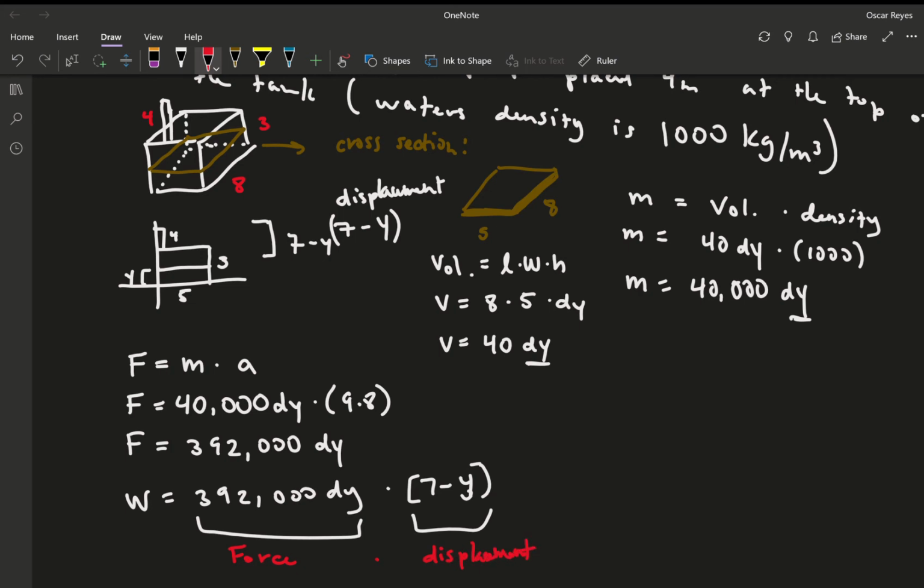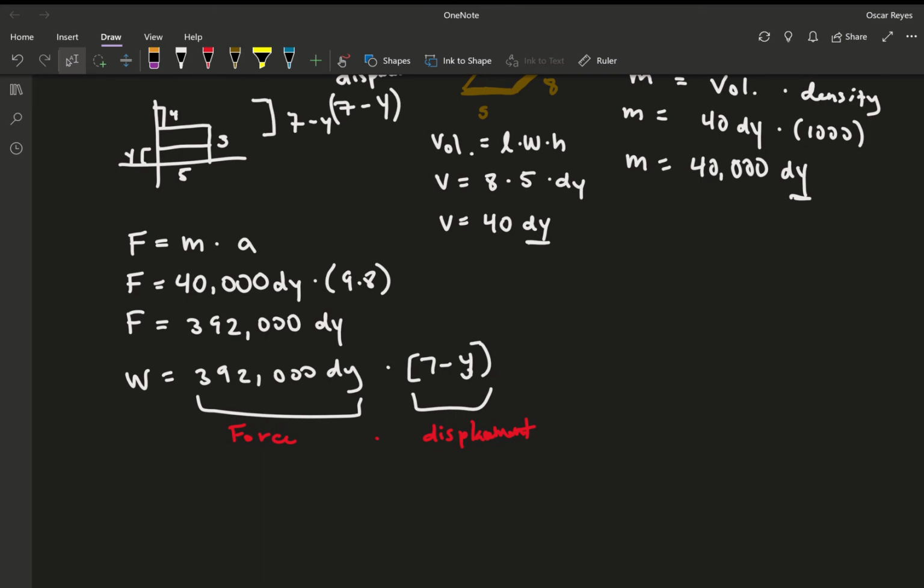So now that we have that, that is the work done to go ahead and move that slice. But we need to see how much it'll take to pump out all of the water. So not just that slice, the slice above it, the slice above that one, and above that, all the way till it reaches the top of it. But not only that, the slices below that.